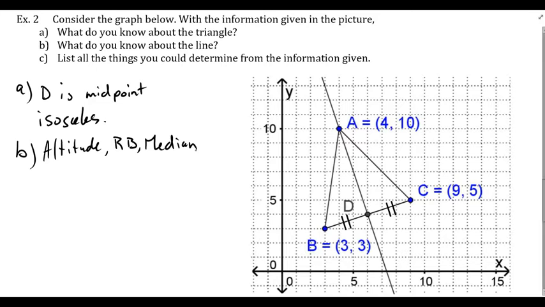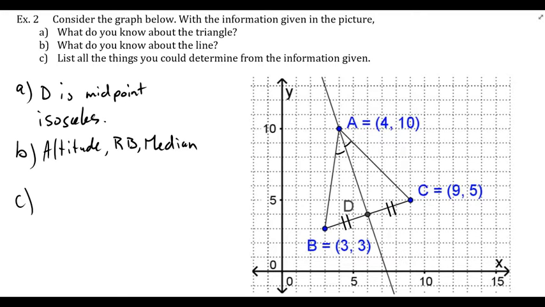Ben? Bisects the triangle's area. Very good. Yeah, it bisects the angle. Very good. Also, this little angle here and this little angle here, it bisects. Those angles are going to be the same.